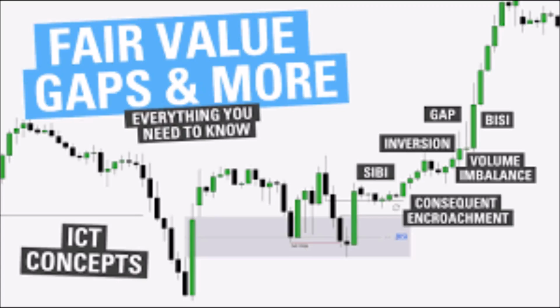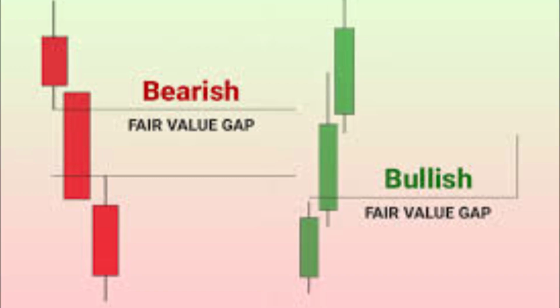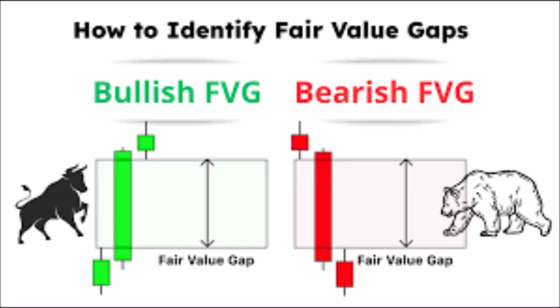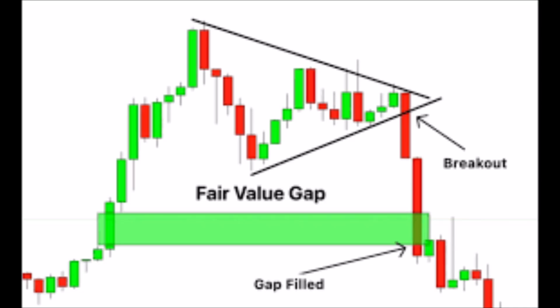In simple terms, a fair value gap is the empty space on a chart where price moved so fast that it didn't leave proper buying and selling activity. This gap often appears over a three candle pattern where the middle candle is massive and creates an imbalance between the first and the third candles.